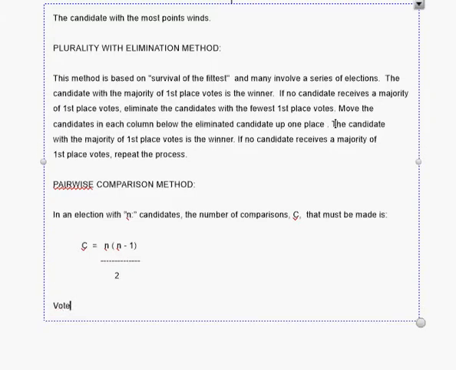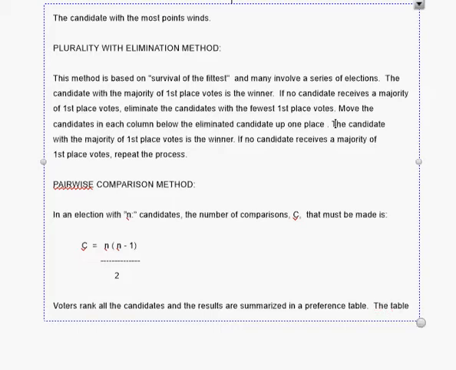Voters rank all the candidates, and the results are summarized in a preference table.